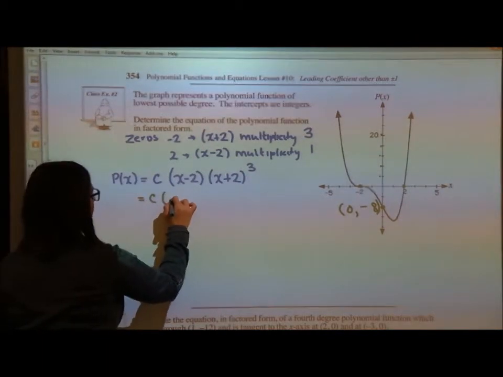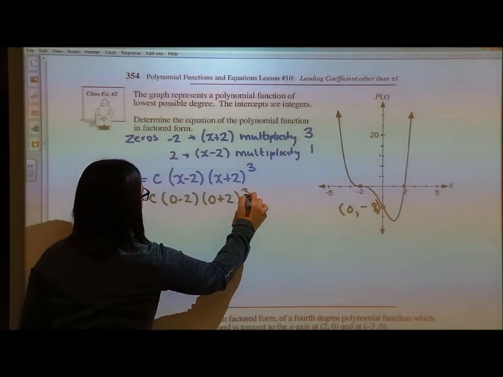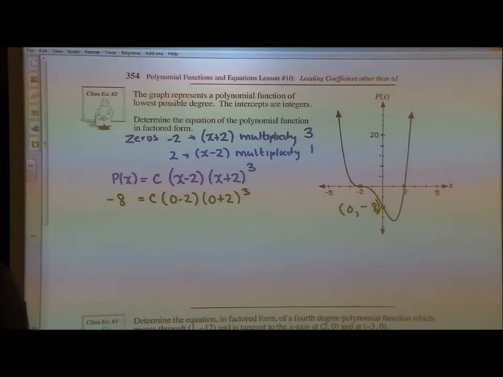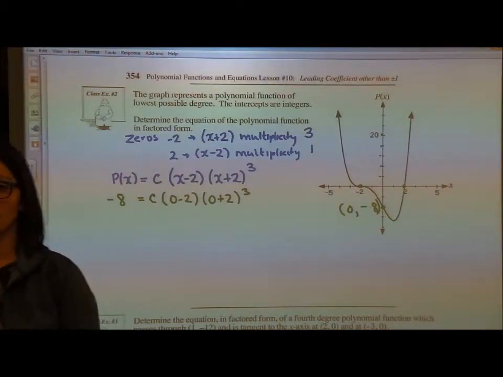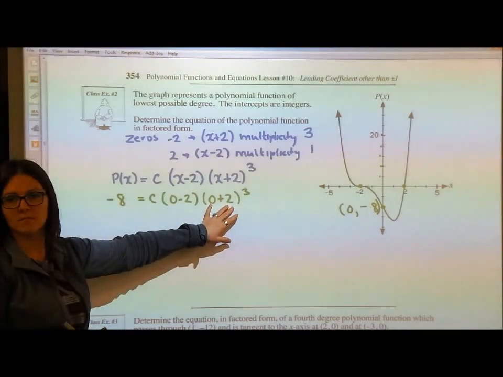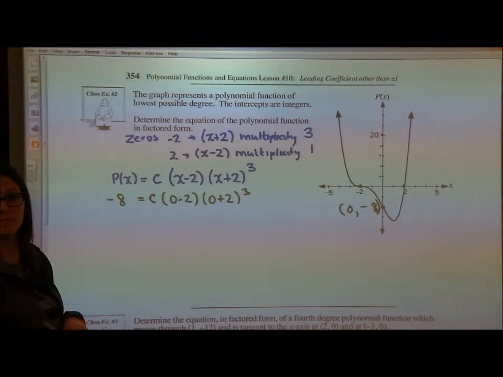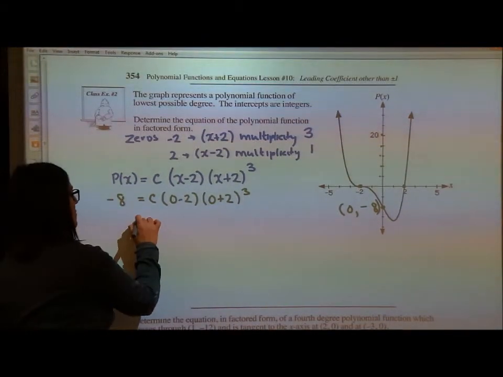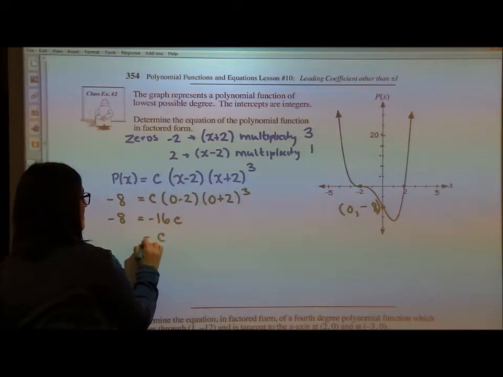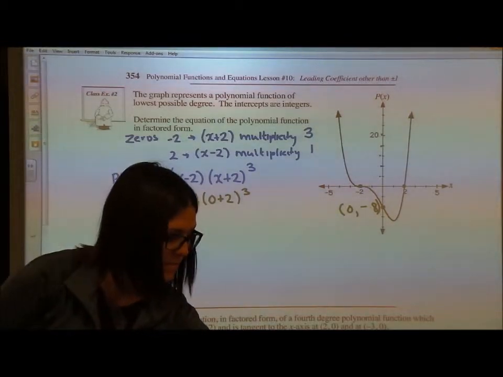Wherever I see an x, I substitute in a 0. And p of x would be negative 8. So I end up having 2 cubed, which is 8, times negative 2. So I have negative 16c equals negative 8. So what would c equal? 1/2.